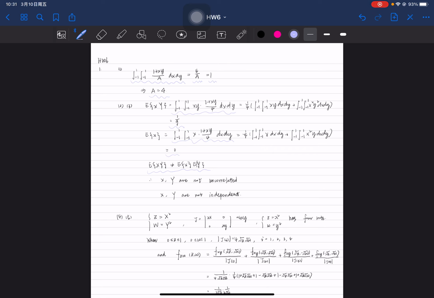Firstly, we let Z equal X squared and W equal Y squared, and the Jacobian is equal to 4xy, so this function has 4 roots.